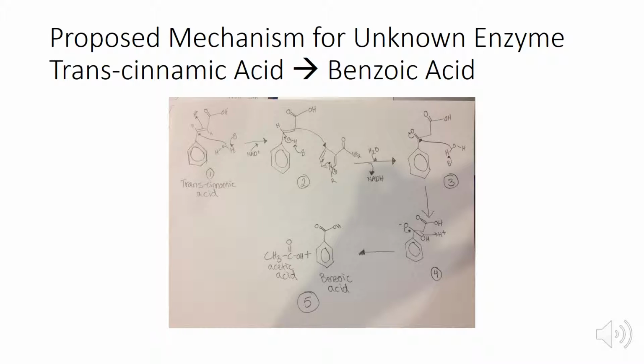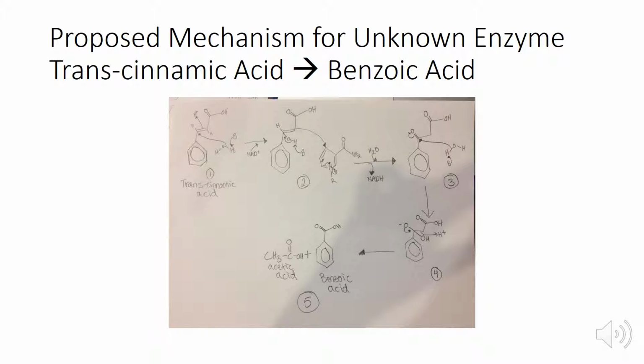We have our tranexamic acid in the active site of some unknown enzyme, but we propose some acid-base chemistry with an NAD in here. You have a base come in and deprotonate water, then that hydroxide attacks, which those electrons, attacks the alkene. The electrons from the alkene get protonated.